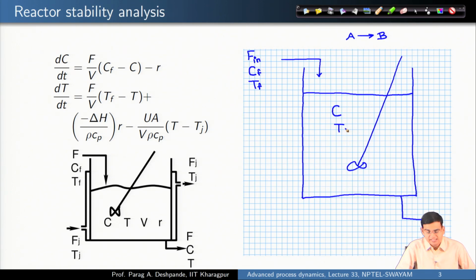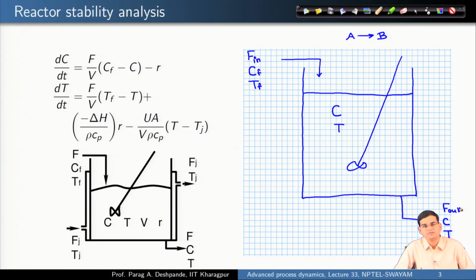And since the contents of the reactor are simply flowing out from the outlet stream, you can say that the contents at the outlet also have the concentration C. They are at temperature T, but the flow rate may be different. At this point of time we may not say anything about the flow rate. So, therefore, the volumetric flow rate is F out.